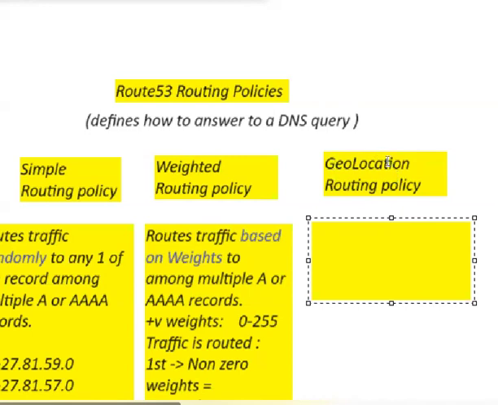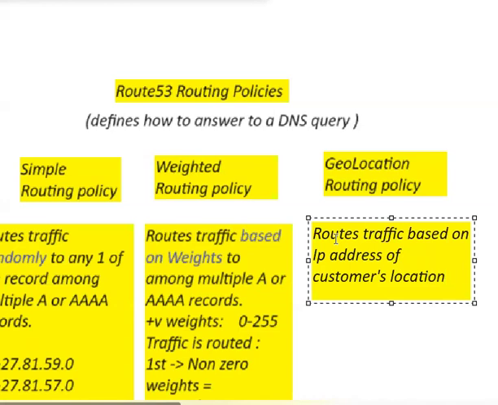This will route the traffic based on the customer's geolocation, based on the customer's IP address. So how does it route the traffic? Based on the IP address of the customer. It verifies the IP address of the customer's location and routes the traffic to the corresponding records.